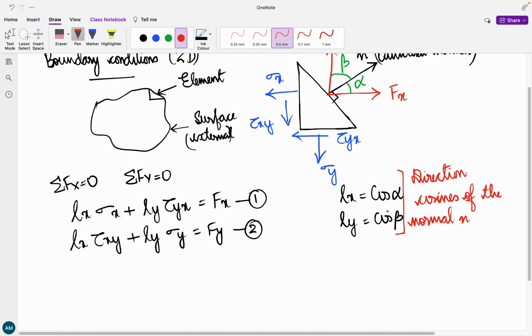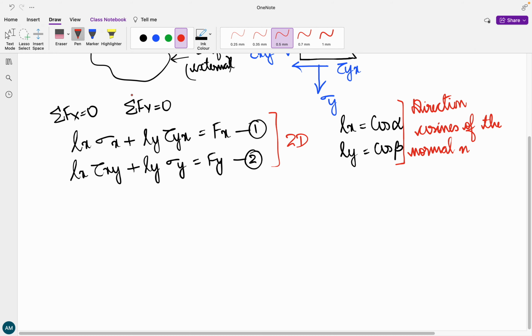We have used cos over here and it is with respect to the normal that you have drawn. So, direction cosines of normal n. These direction cosines Lx and Ly are going to be positive if the corresponding components of n in x and y direction are positive. Okay, so these two equations are for two dimension. These are known as boundary conditions for two dimension.